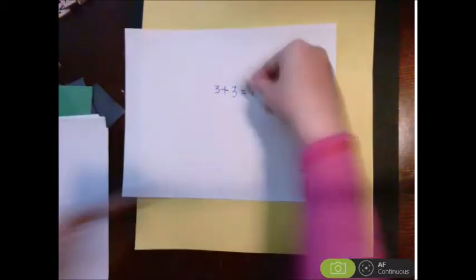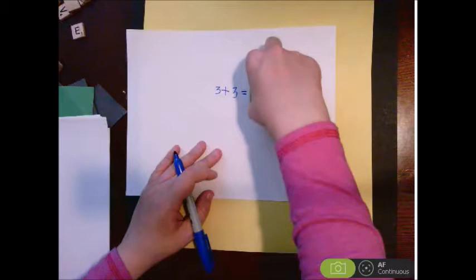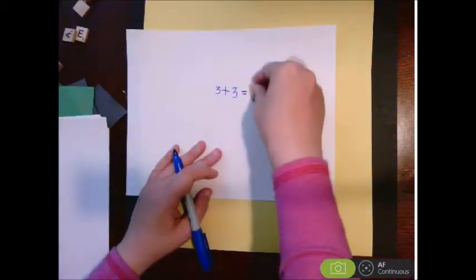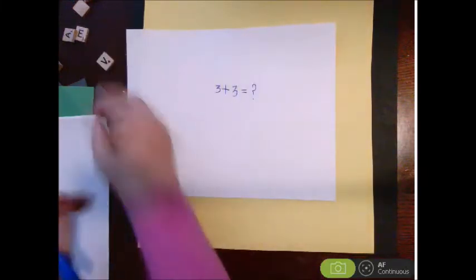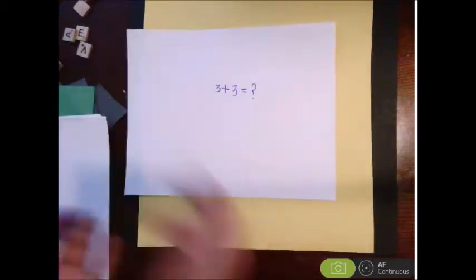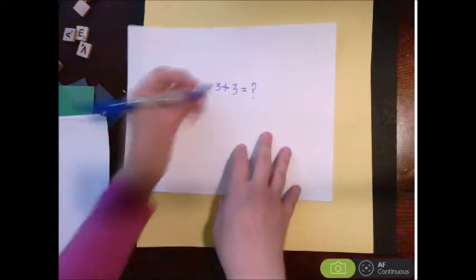It doesn't really matter what you use, it can be anything. So it could be 3 plus 3 equals A, or 3 plus 3 equals B, right? Because it's much easier to say 3 plus 3 equals A than saying 3 plus 3 equals I don't know, right?